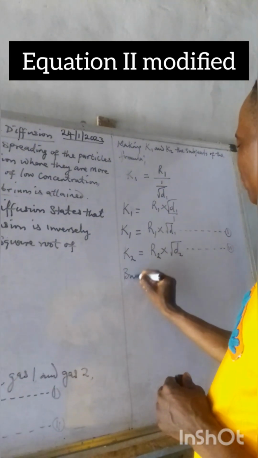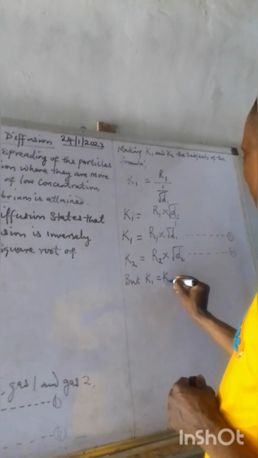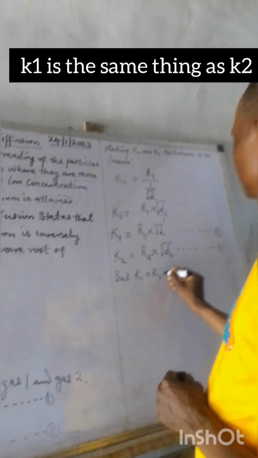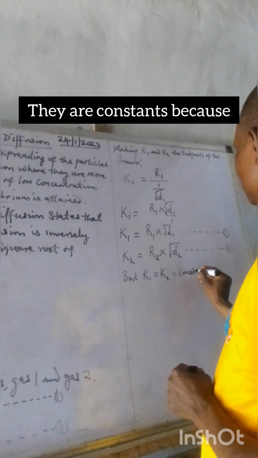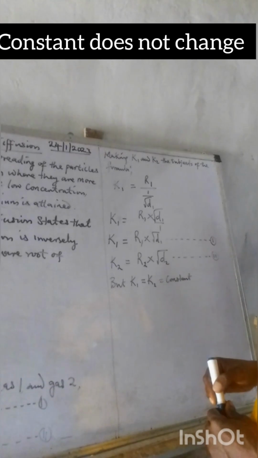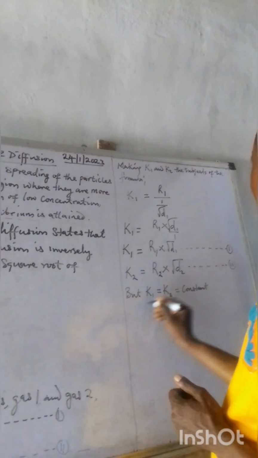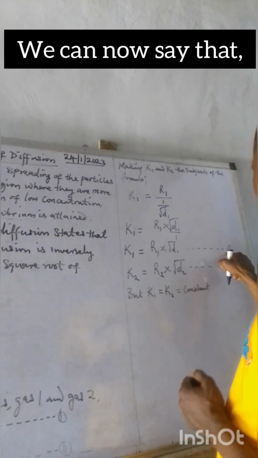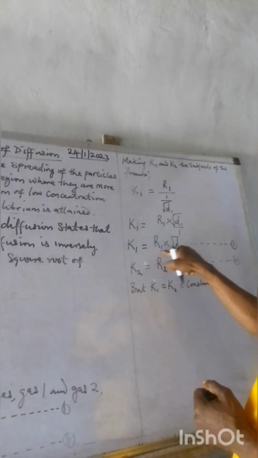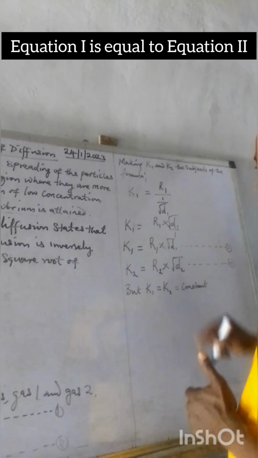But you should know that K1 is the same thing as K2. They are constants, because a constant does not change. If that is the case, since K1 is this and K2 is this, equation 1 is equal to equation 2.